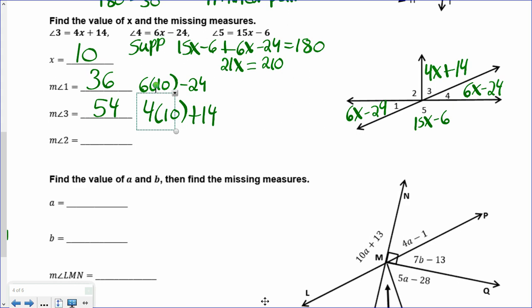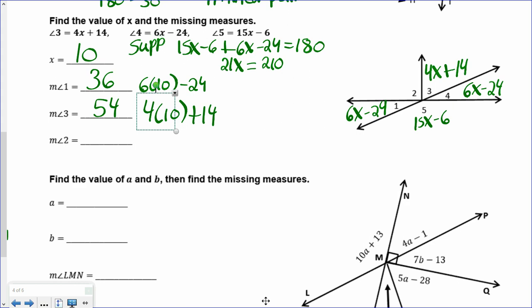Angle 4 is the same as angle 1. Angle 4 is 36 and angle 3 is 54. Were they actually complementary? Turns out that they were, but could I assume that at the beginning? No. You may find later that they are, but you still can't assume it at the beginning without the 90-degree box.